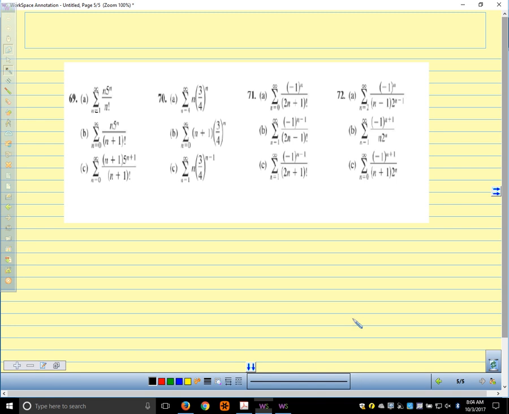So the first term of this one, what is the first term of this one? 5, right? What's the first term of this one? Not 5. 0. And the first term of this one? 5. If you weren't sure, you could compare a couple more terms. So this one was A and C.